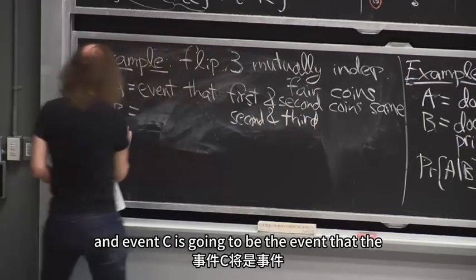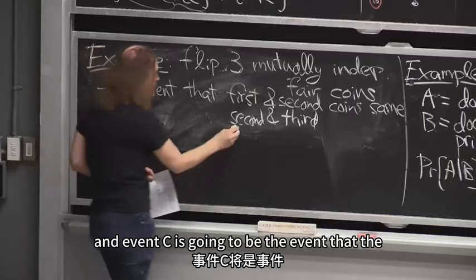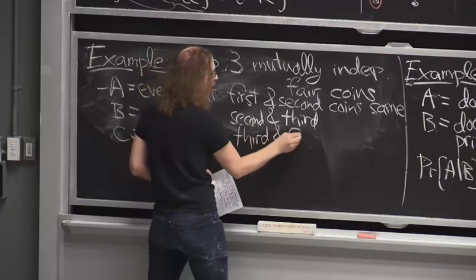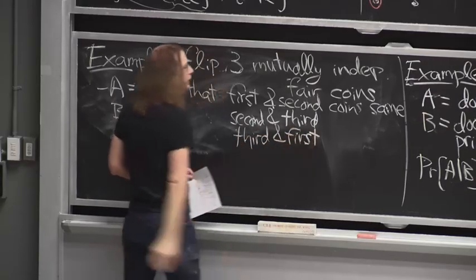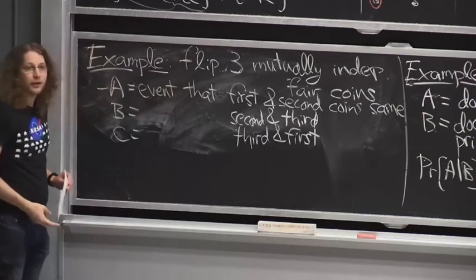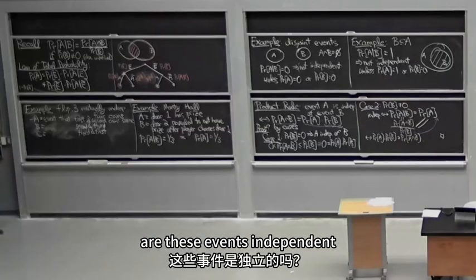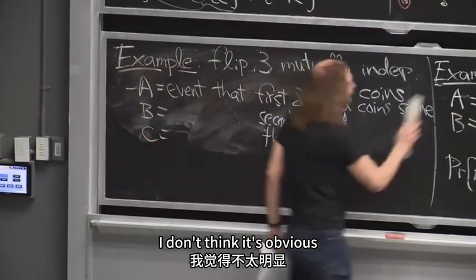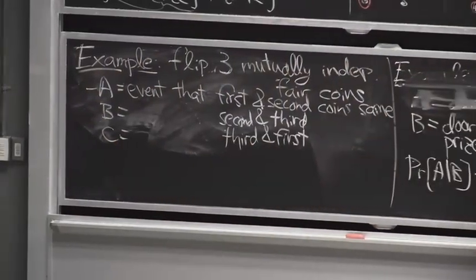And event C is going to be the event that the third and first coins come out the same. Are these events independent? I don't think it's obvious. So we compute.